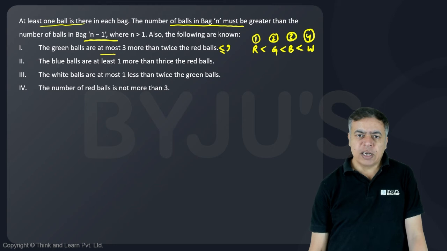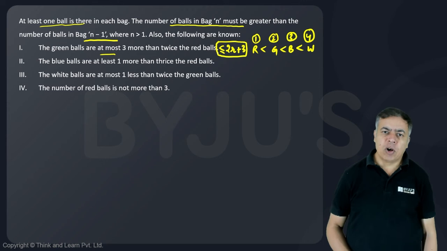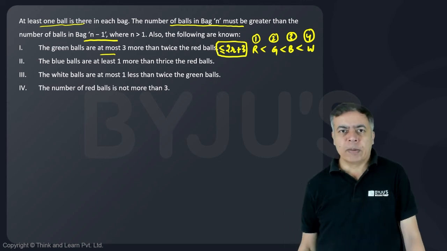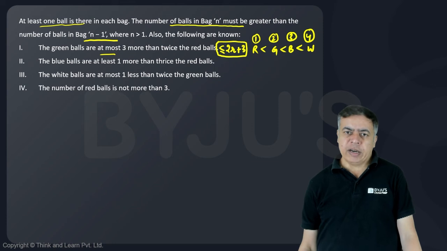Okay, so twice the red balls plus 3. So it is like this, right? The first condition says that the green balls must be less than equal to 2r plus 3, where r is the number of red balls.